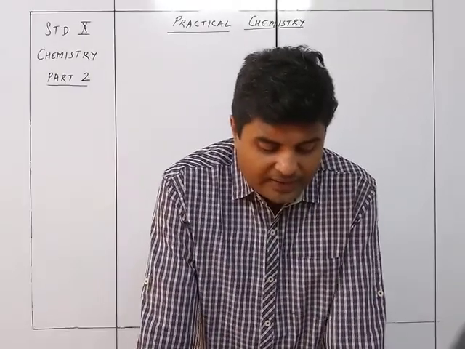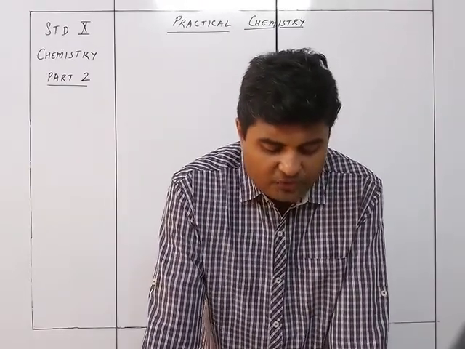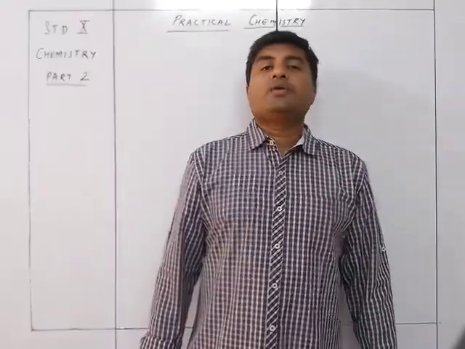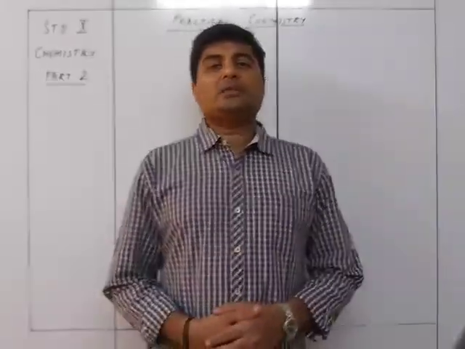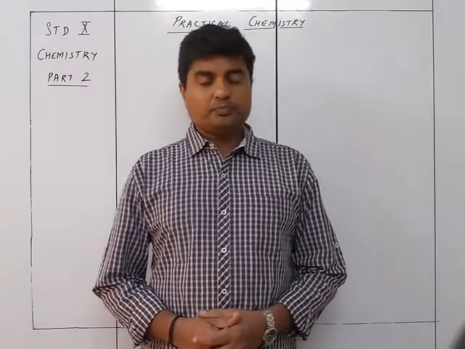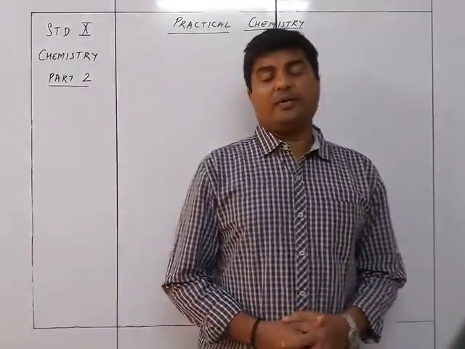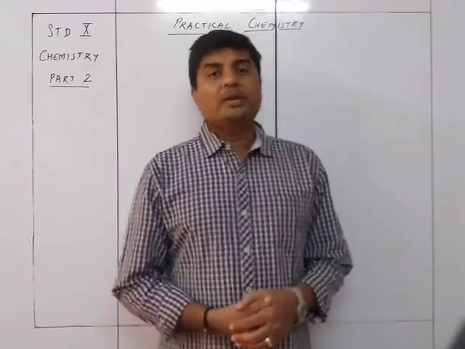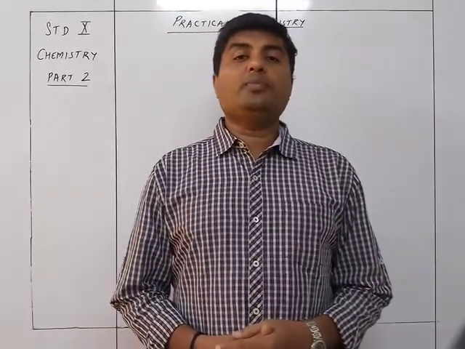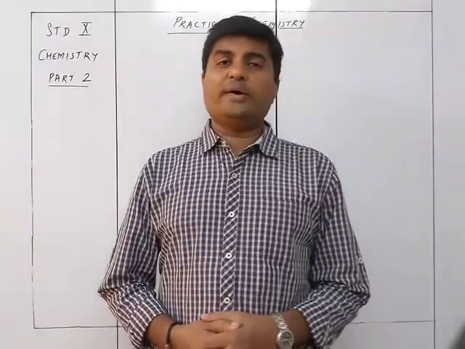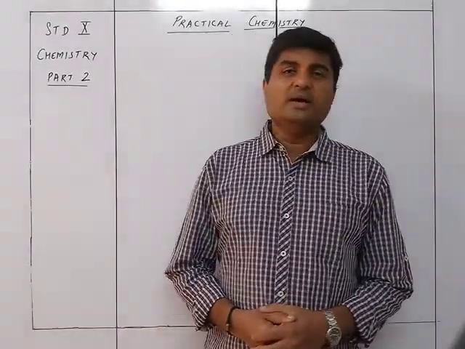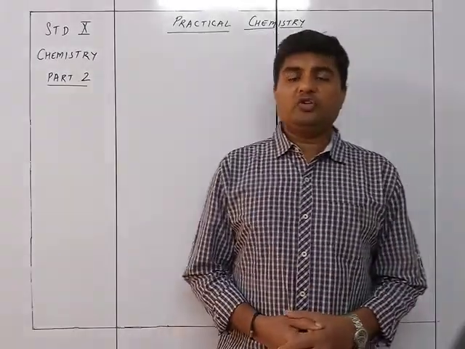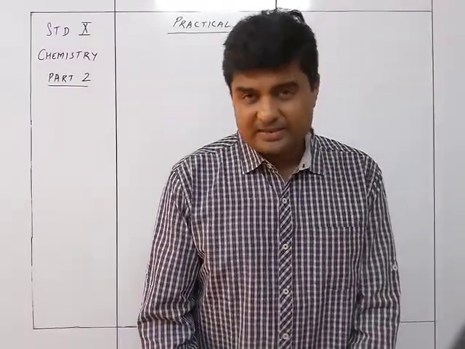So I get a reddish brown precipitate of Fe(OH)3 when I react ferric chloride with NaOH, and it will be insoluble even in excess of NaOH. The same result I get when using NH4OH. When NH4OH reacts with ferric chloride, it still gives the same reddish brown precipitate, which is insoluble in excess.